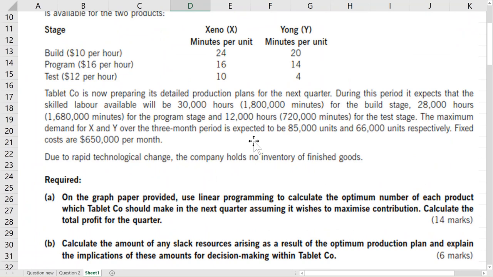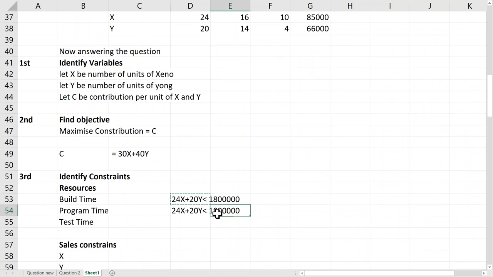Next is program time, which is 1,680,000 minutes, and it is 16x and 14y.